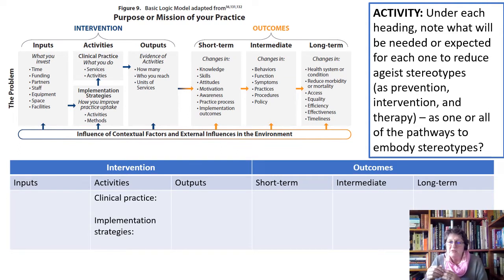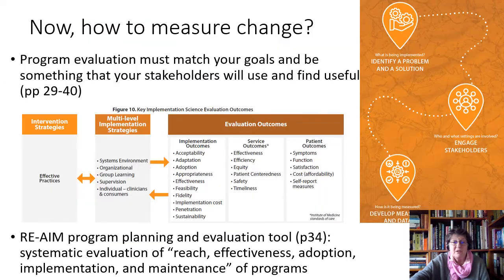What will we need to see in terms of changes, short term, intermediate and long term? So how do they go together? And do prevention, intervention, therapy differ with pathways that embody stereotypes? Now that you've thought about those, you're going to go off and do this for me, aren't you? You're going to think about that logic model.